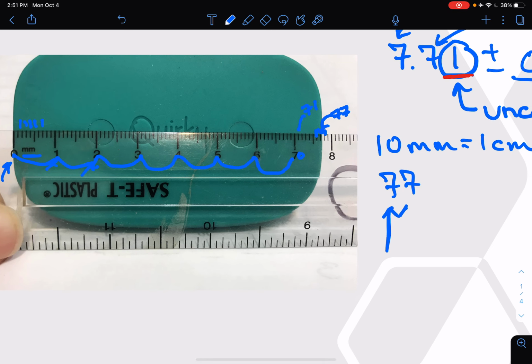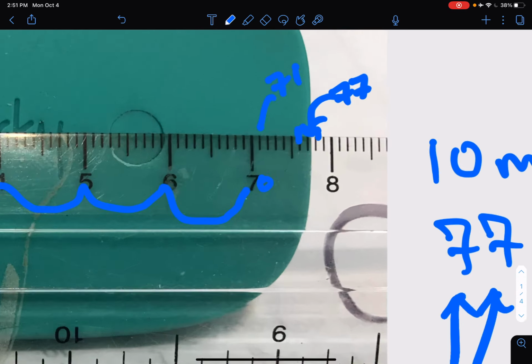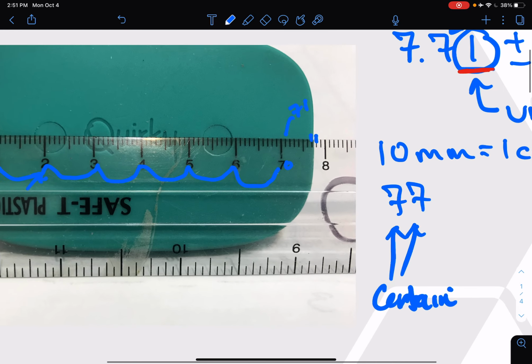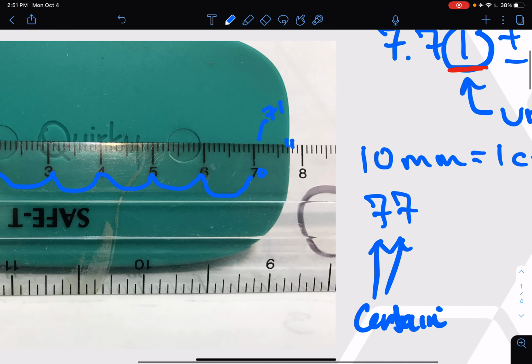So again, these are certain digits. And then in between here and here, we have to make a guess, okay? So remember, you have to guess one more digit. So you do point and then do your best guess.